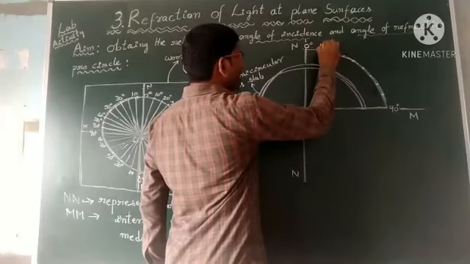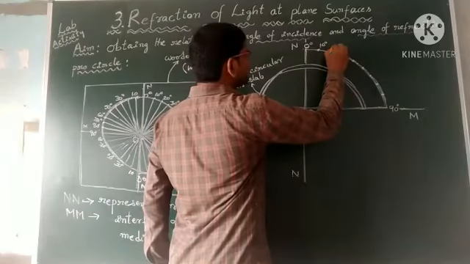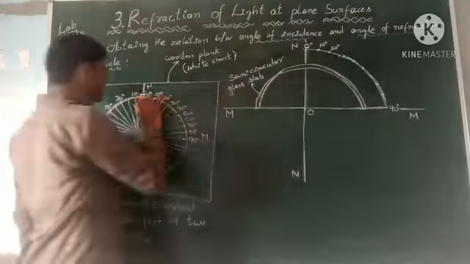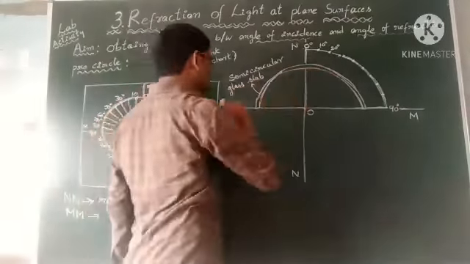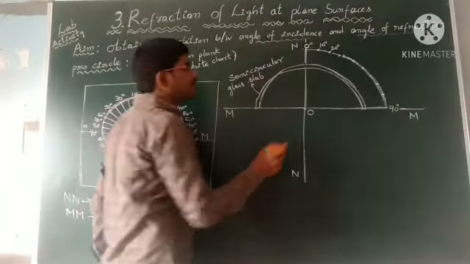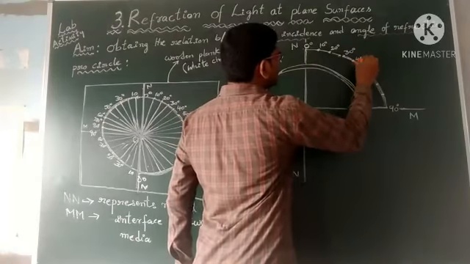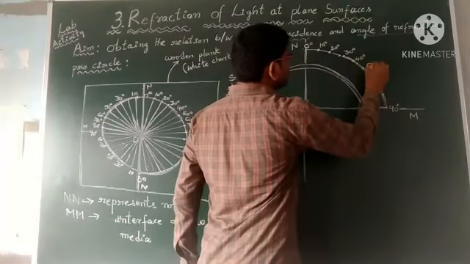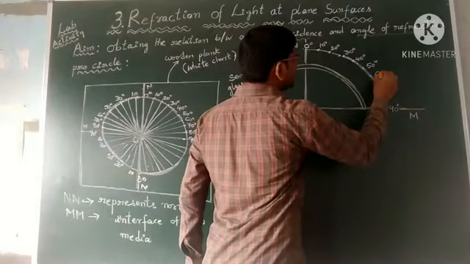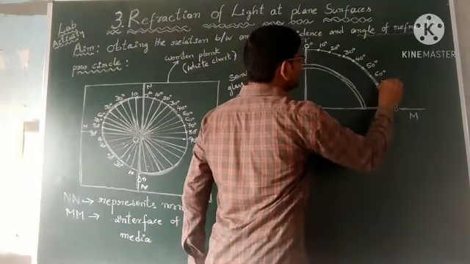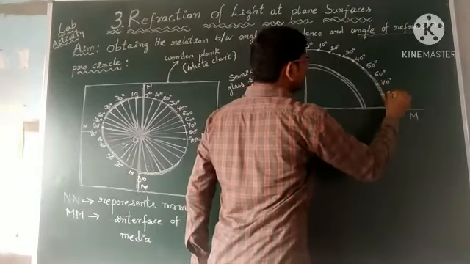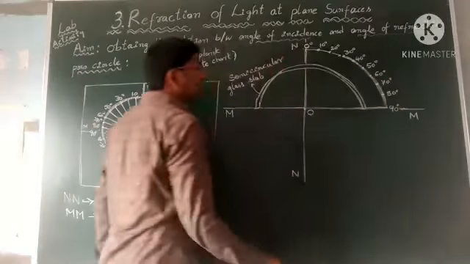So here you have 10 degrees, 20 degrees. This part is only for our clarity, the second diagram we are taking. And here we have 30 degrees, 40 degrees, 50 degrees, 60 degrees, 70 degrees, 80 degrees and 90.